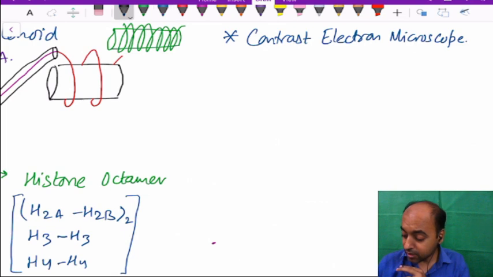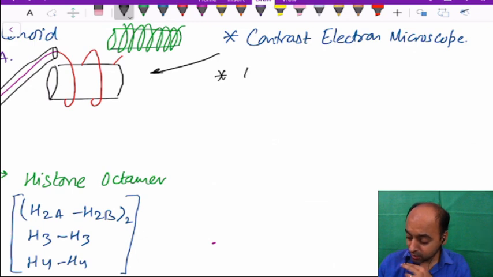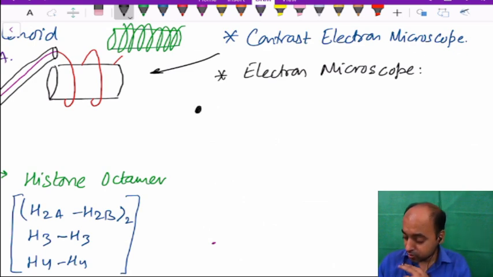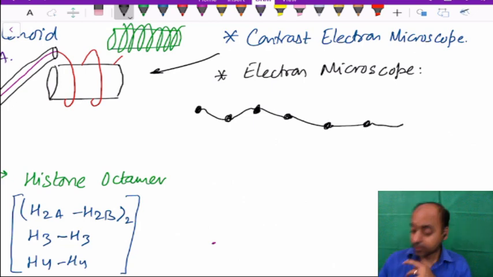If we don't have the contrast type of electron microscope, but rather the regular electron microscope, what you are going to get is something like this: nucleosome, linker DNA, nucleosome, linker DNA, and so on.